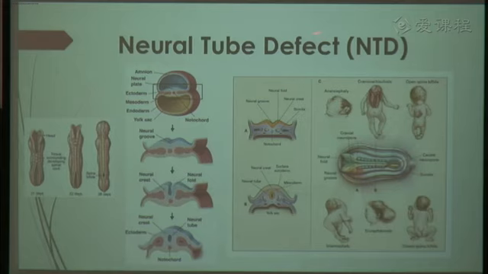It's a tube that forms during the development of the embryo. After the embryo forms the three layers, which are ectoderm, mesoderm, and endoderm, the next step is to form this tube called the neural tube.